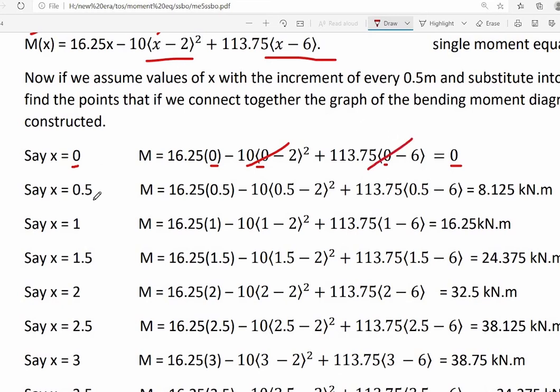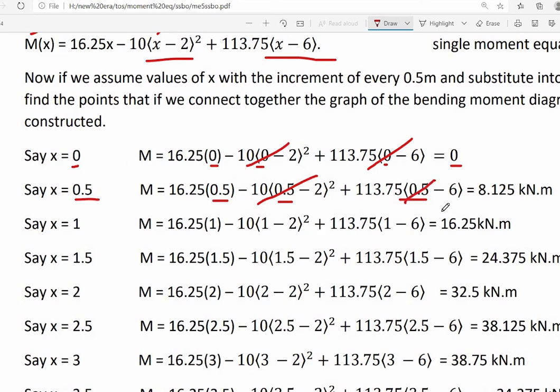If x is equal to 0.5 meters, then we replace the value of x in all the terms of the equation containing x. That is 0.5 on the first term, second term, and third term of the equation. Since 0.5 minus 2 is equal to negative 1.5, the second term of the equation will not exist. And the third term, 0.5 minus 6, is equal to negative 5.5, so it will also not exist.